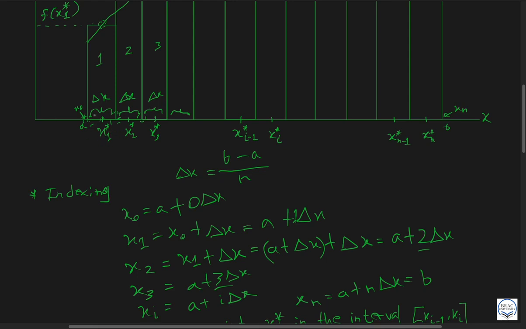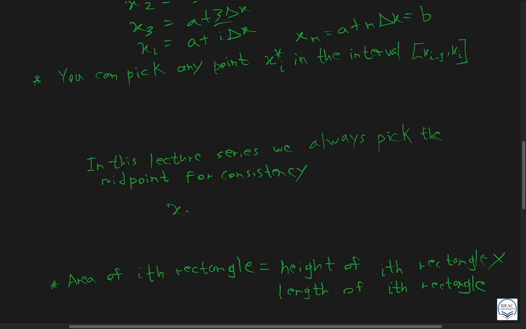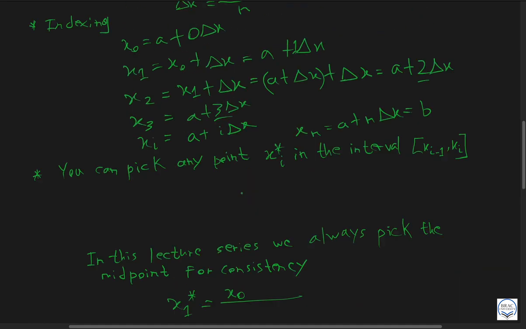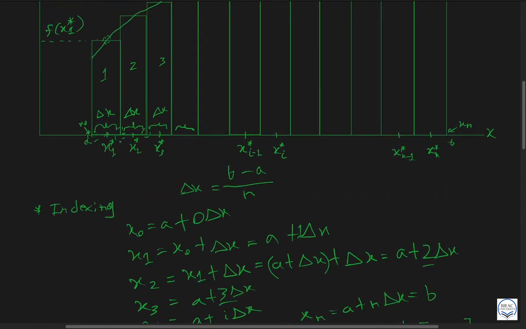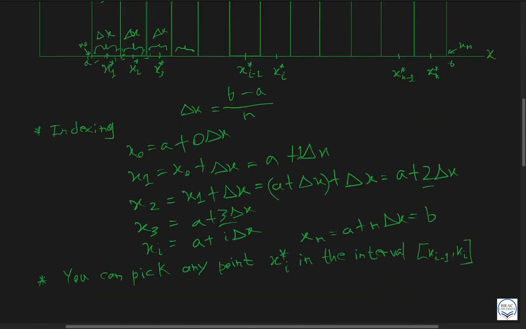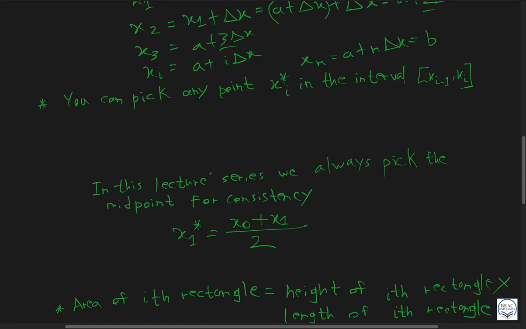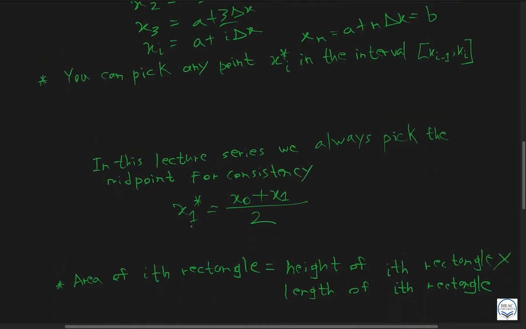In order to find the midpoint, for instance of the first segment, all we need to do is find the left corner and the right corner, add them up and divide by 2. For instance, x1 star equals x0, the left corner, plus x1, the right corner, divided by 2.